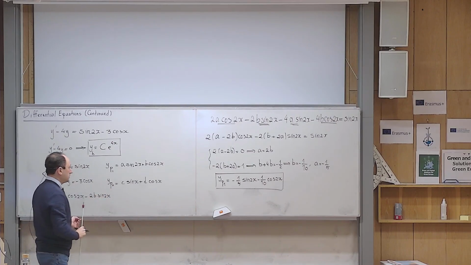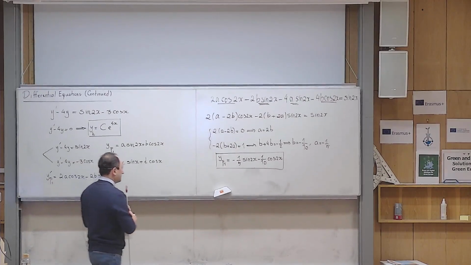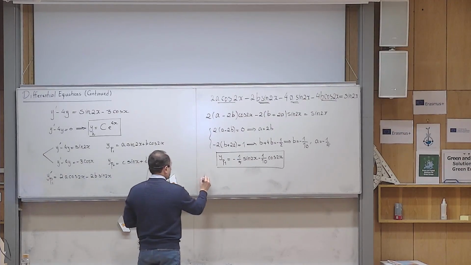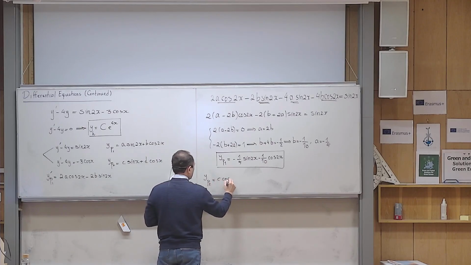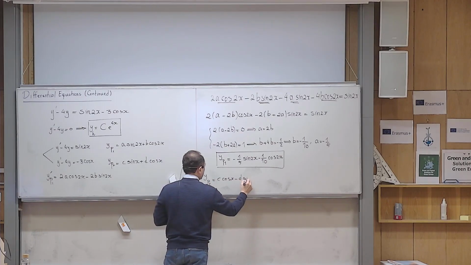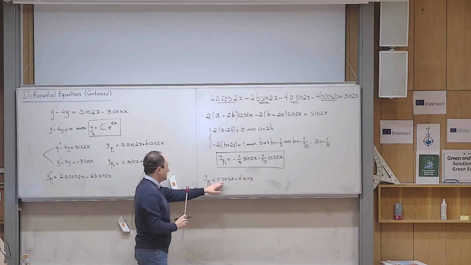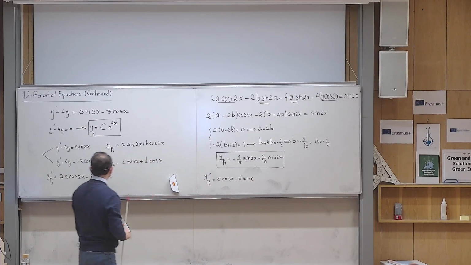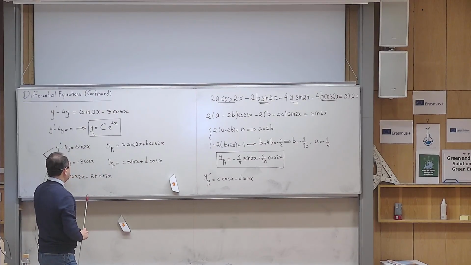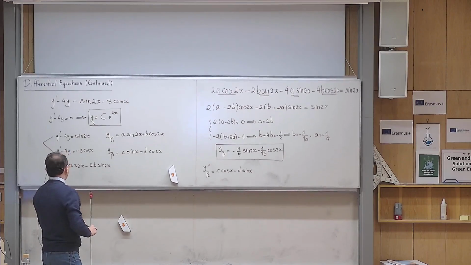I take this one and then differentiate that. The derivative is also very similar to the first one, so it becomes c cosine x minus d sine x. I take this one, put it here, and this one, put it here, and then do the same thing. So what happens?